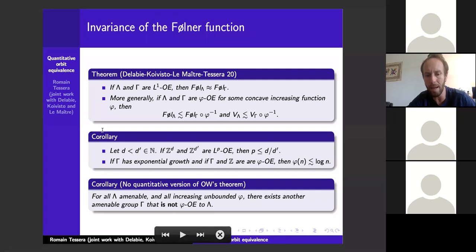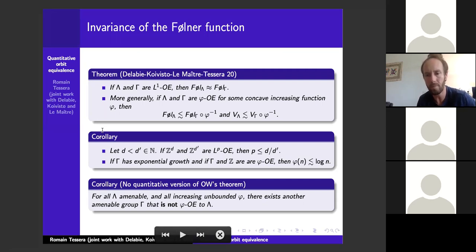We can claim that whenever you pick an amenable group and an increasing function phi that tends to infinity, even if it tends extremely slowly to infinity, you will always find another group whose Følner function will be so different from the Følner function of the original group that the two groups will not be phi OE.